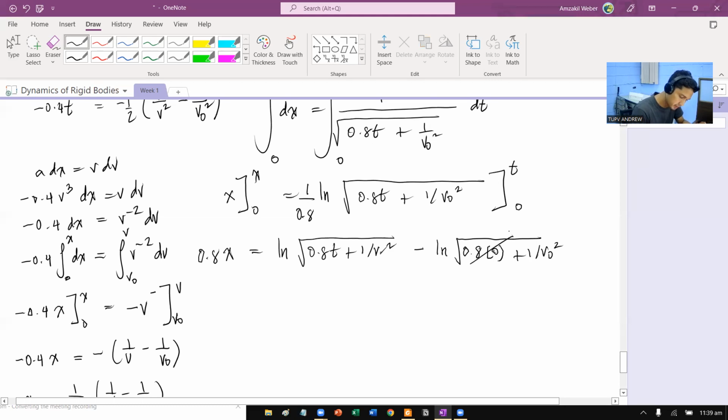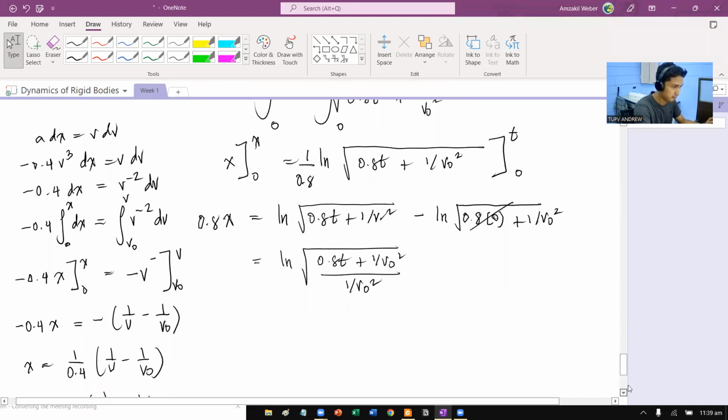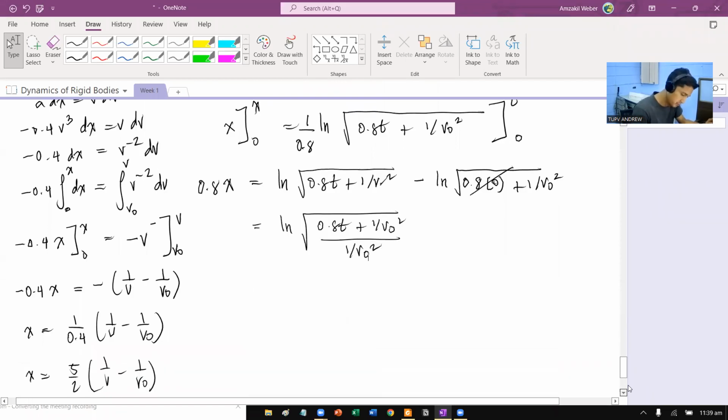I-combine ko sila, which is ma-divide di siya, divide sa square root of 1. So, i-cancel ko na lang para simple.